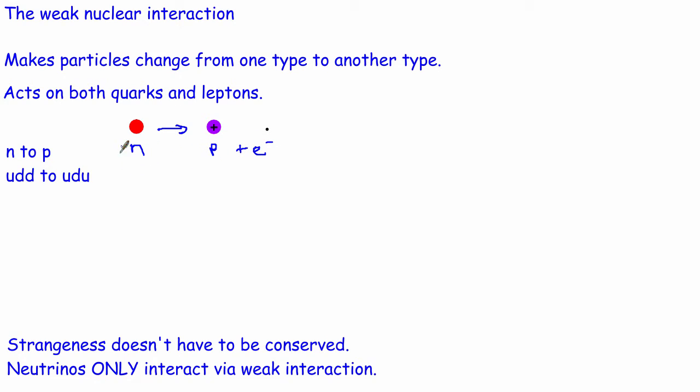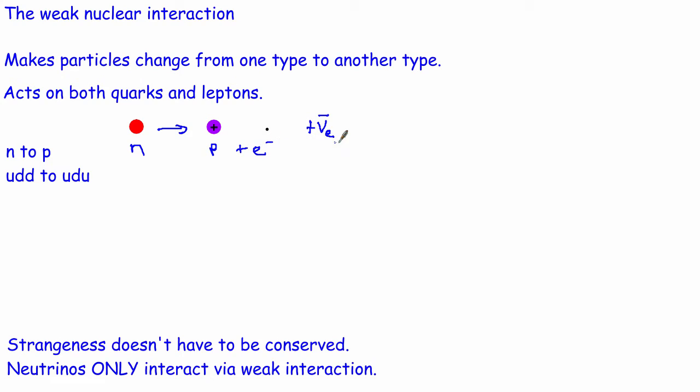Charge is also fine because we started off with a neutral particle and all together we finished up with a neutral particle. However, in terms of lepton number, there's no leptons here, but there is here, so we need to balance it out. So we need to add in an extra particle: in order to balance the lepton number, we're going to add in an anti-electron neutrino.